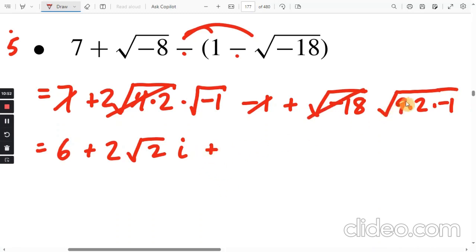All right, square root of 9 is just 3. So we have 3 radical 2, and the square root of negative 1 is just I.